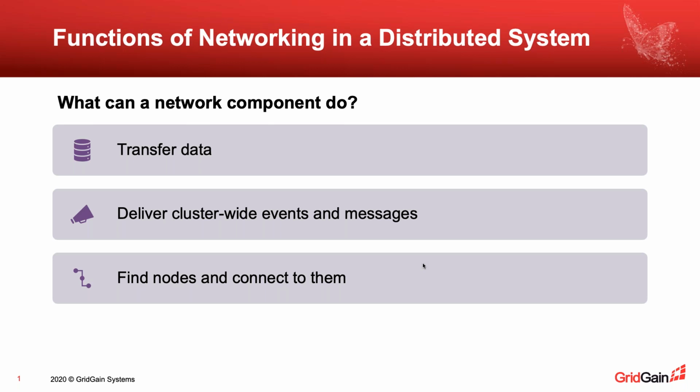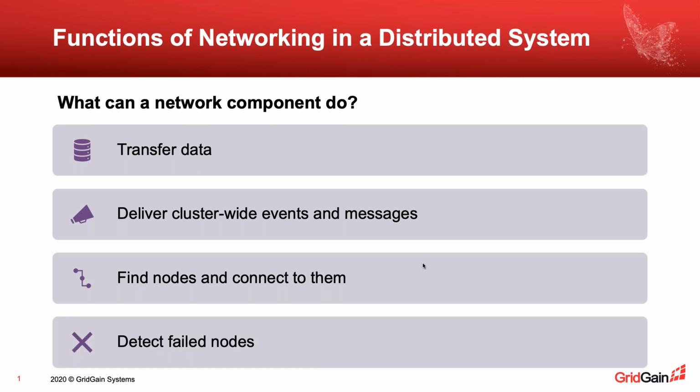And finally, when we have our working cluster, we have all nodes connected together, data is flowing. Unfortunately, in the real world, something eventually goes wrong. And for that case, we also need some failure detection.